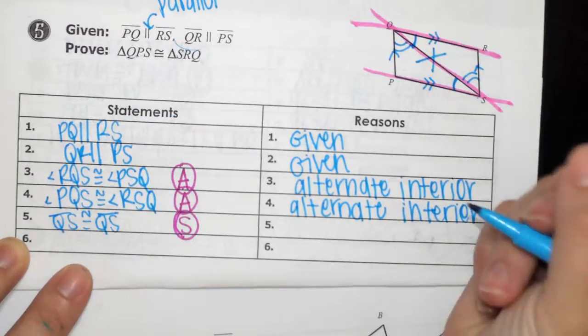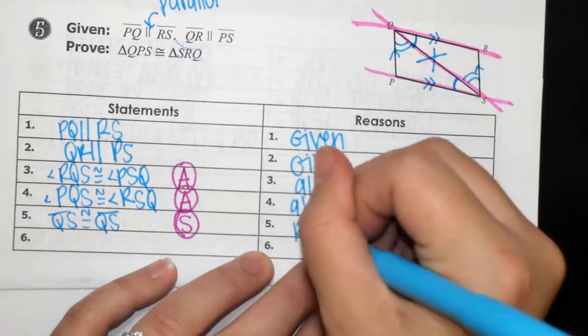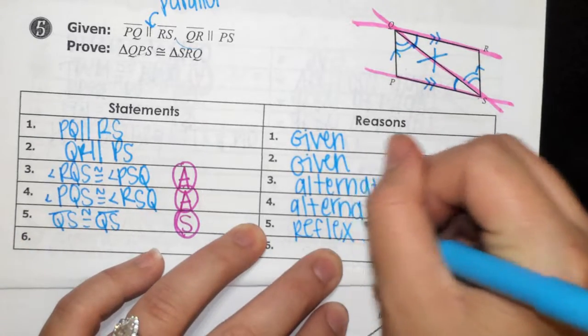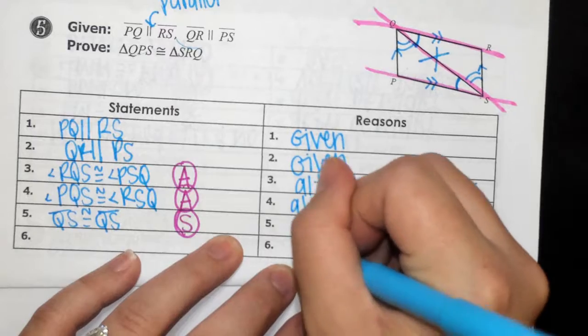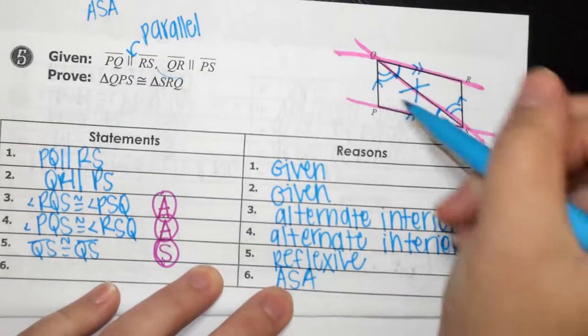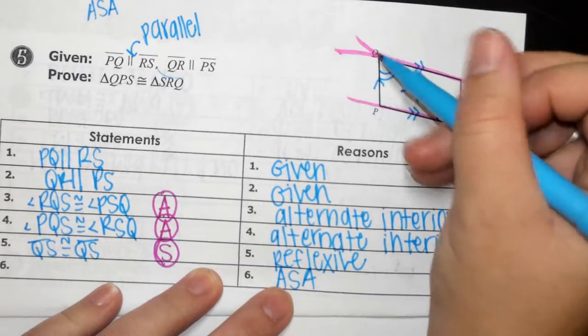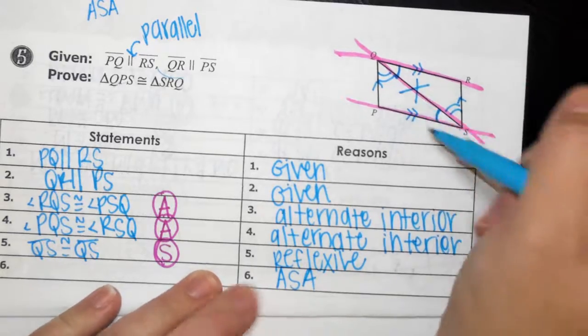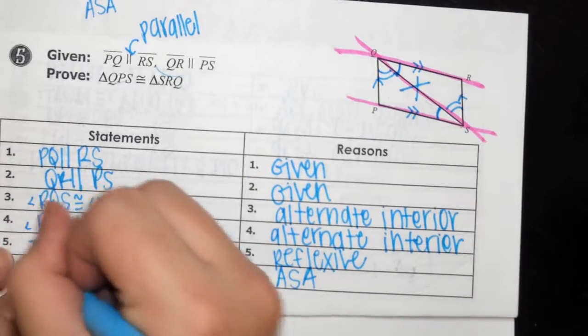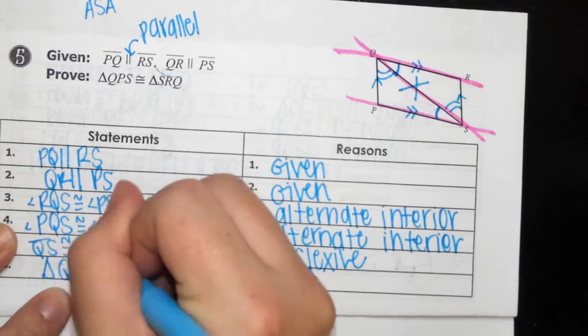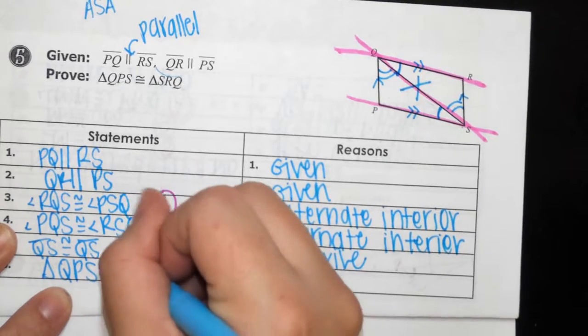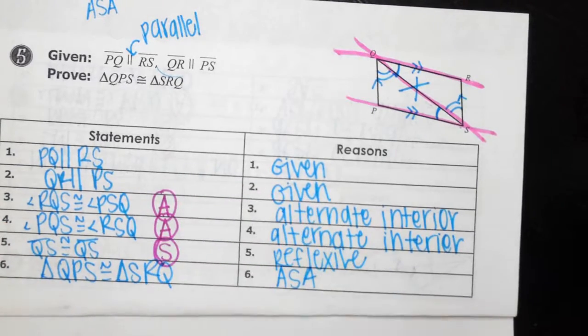Why? Reflexive. Good. Now we're done. So by angle, side, angle, the sandwich is the side is sandwiched in between 2 angles. We can say triangle QPS is congruent to triangle SRQ.